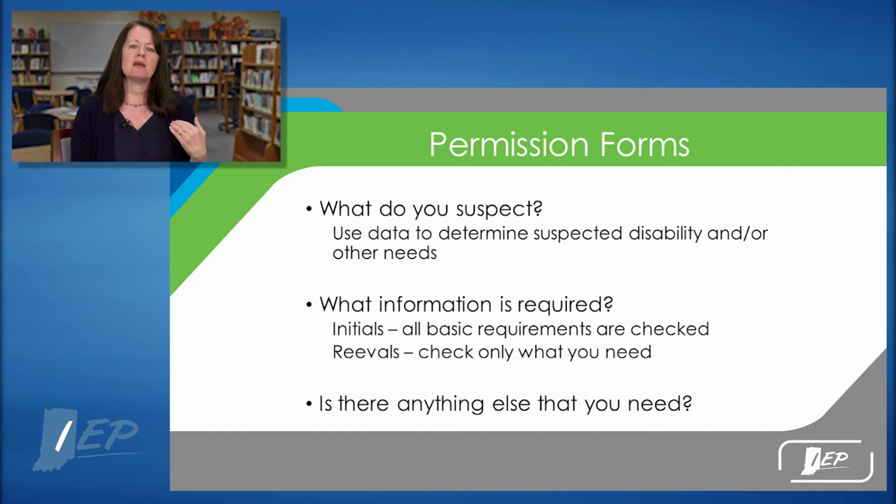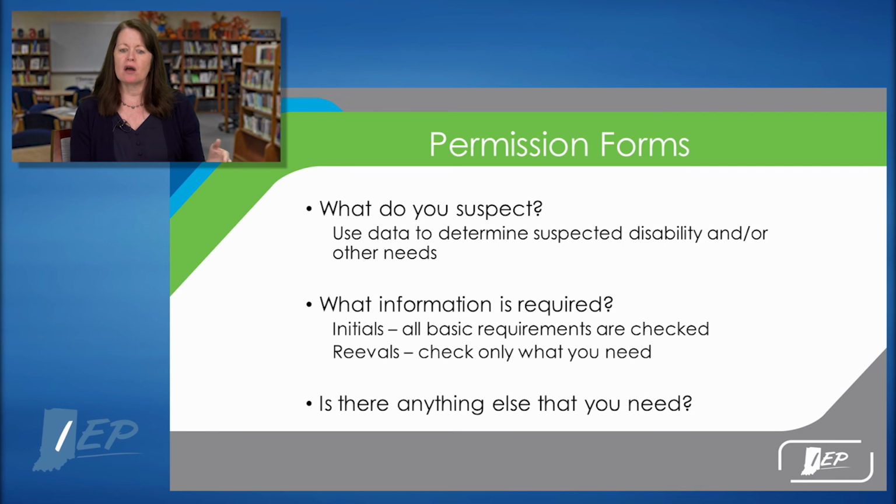As we identify what areas need to be assessed on the permission forms, we're only going to be checking the areas that are appropriate for the situation. A long time ago, and I really do mean a long time ago, there was a mantra that whatever you had to do to test into something, you had to do the exact same things to test out of something. And that really isn't the case legally.